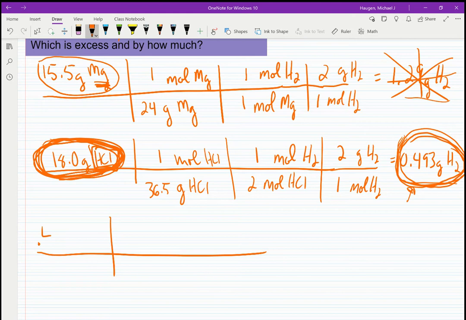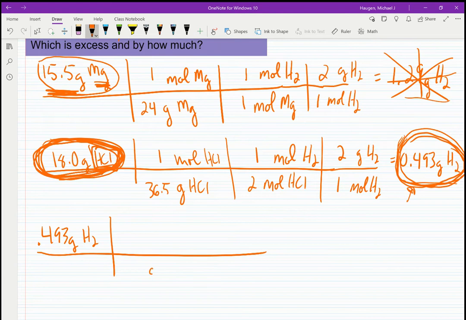Say 0.493 grams of hydrogen gas was produced. Okay. So I know that I started with 15.5 grams of magnesium, but I did not use all of my magnesium. And so we're trying to figure out how much is left over. Well, I know how much hydrogen was produced, but I don't know exactly how much magnesium we used. So that's just another Stoich problem.